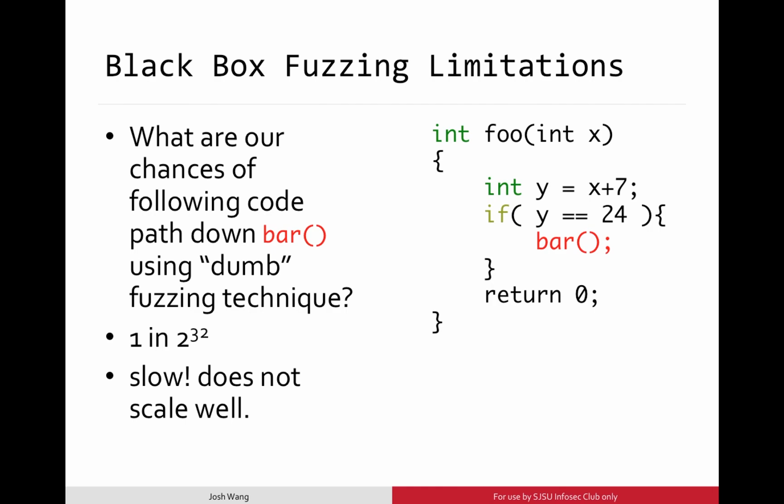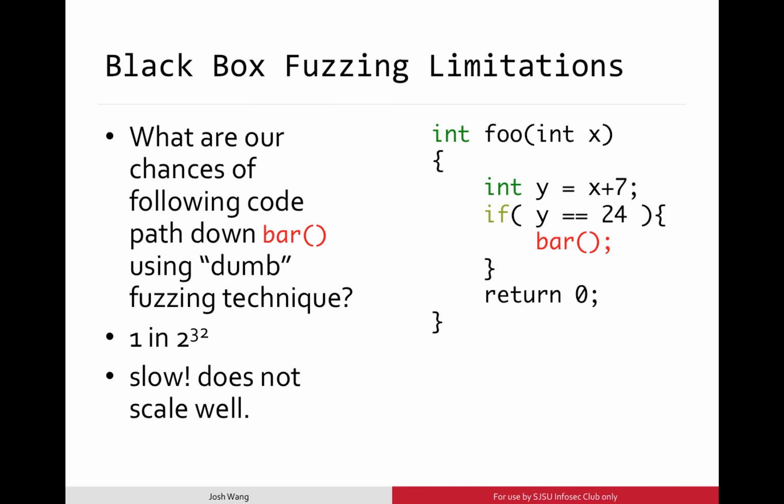If we're using a black box fuzzing technique, we're randomly generating input, right? So let's say we want to test this program and call bar. In order to call bar, there's only one possibility, one solution, right? But if we're using black box fuzzing, what are our chances of actually randomly generating that input? It's not very high, right?